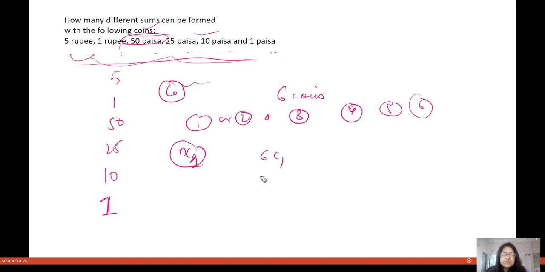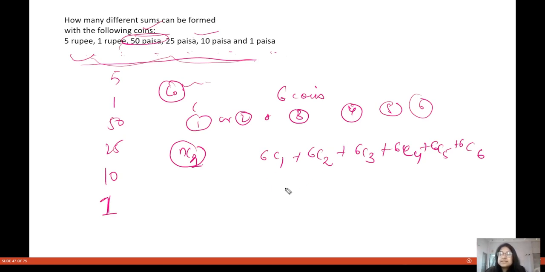So 6C1 ways when you are selecting only one denomination. When you are selecting two denominations, you can do it in 6C2 ways. When you are selecting 3, 6C3 ways. When you are selecting 4, 6C4 ways. When you are selecting 5, 6C5 ways. And when you are selecting 6, 6C6 ways. So this is what you can do.